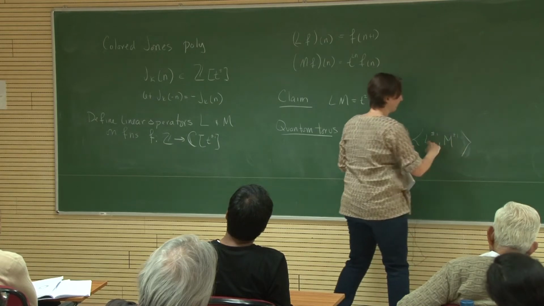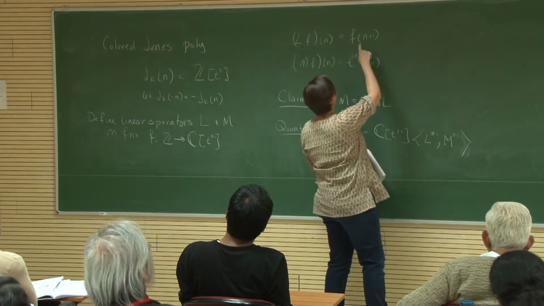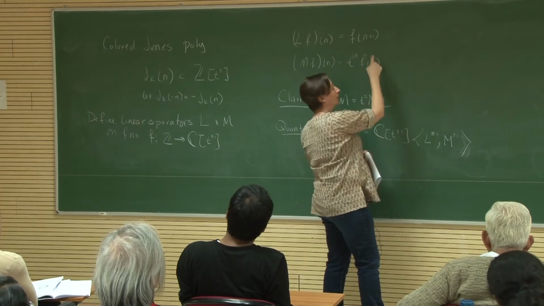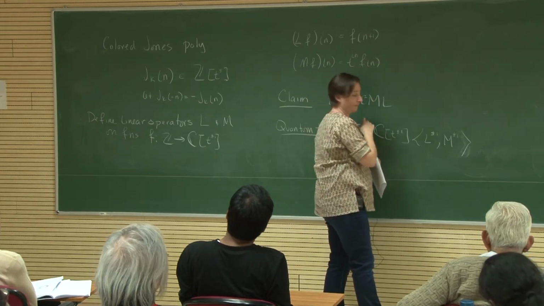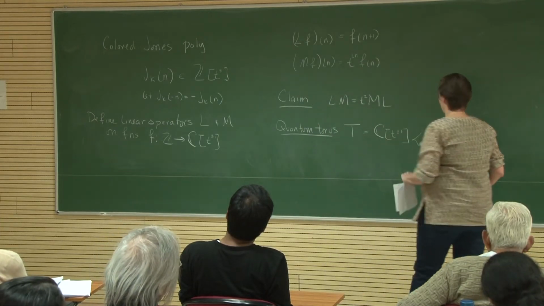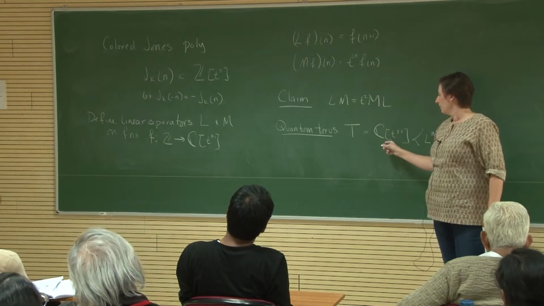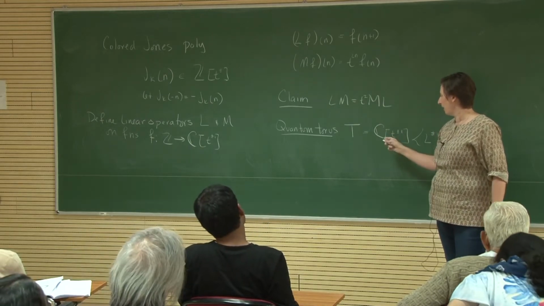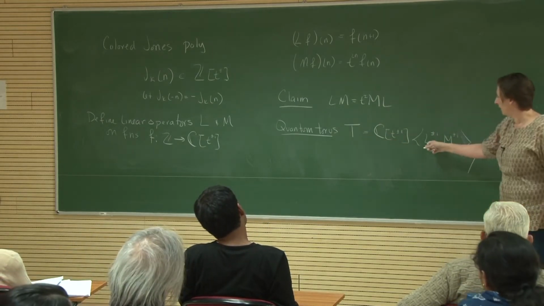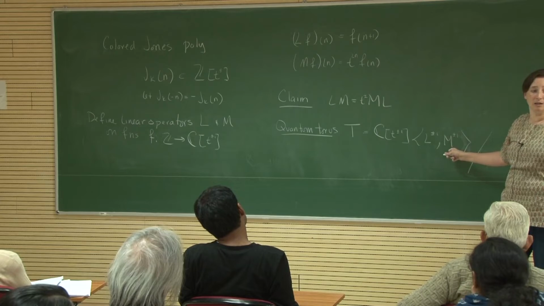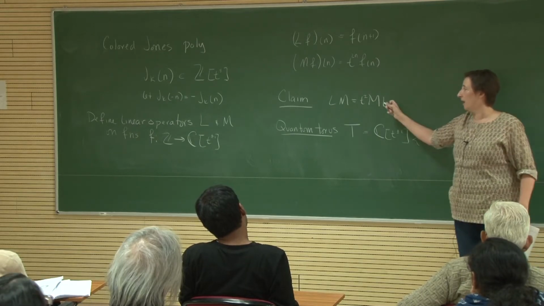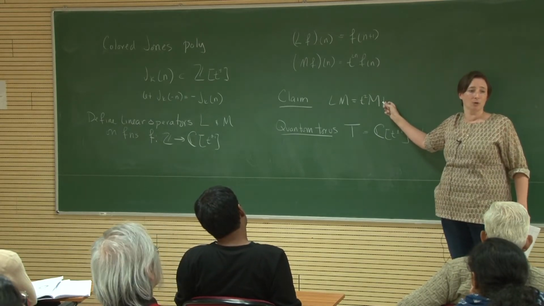You can define inverse operators, just for L subtract 1, and for M minus power. Okay, and so now I've got my ring here. I've got my L and my M, which I'm going to need. And I want to just mod out by my quantum torus identity.